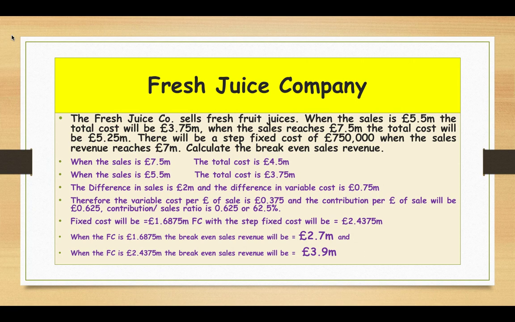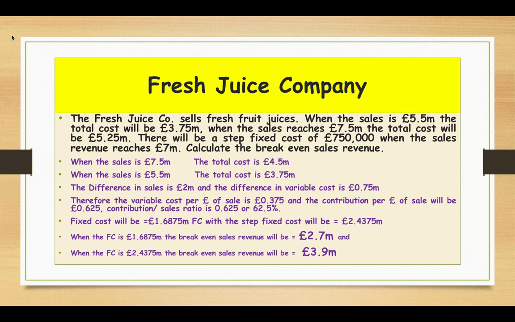As we know from our previous knowledge of the high and low method, when you deduct the total cost from one level to another, the fixed cost will be eliminated because the fixed cost is constant. So here the difference of 0.75 million is the difference in the variable cost.